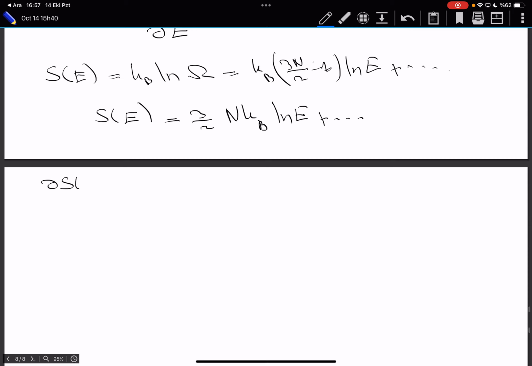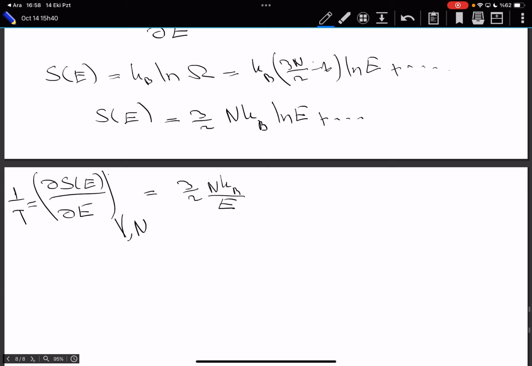Now, the derivative of the entropy with respect to energy, keeping volume and the number of particles constant, well, thermodynamics tells us that this is just 1 over the temperature. But if you just look at the expression for the entropy, we found this is 3 over 2 n kB over E. I just took the derivative.